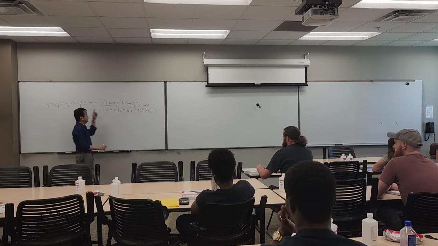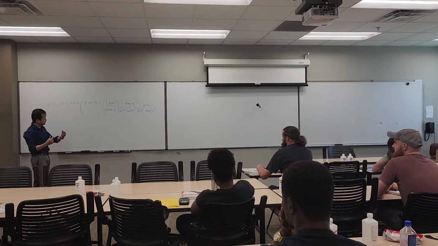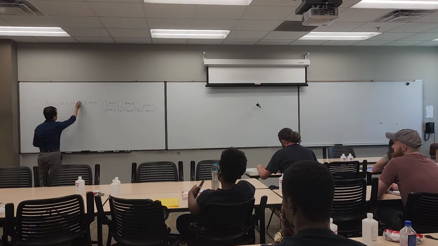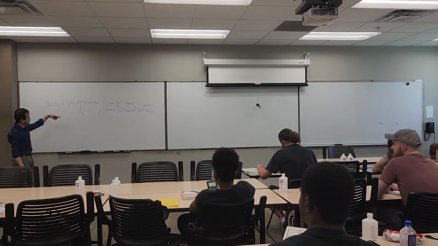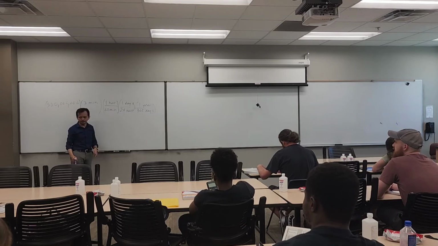Okay, so now if you do this arithmetic, you're gonna come up with the total number of years it'll take. So if you have a scientific calculator handy, go ahead and enter this in. So it'll be 300 million times 3, and divide by 60, divide by 24, divide by 365.